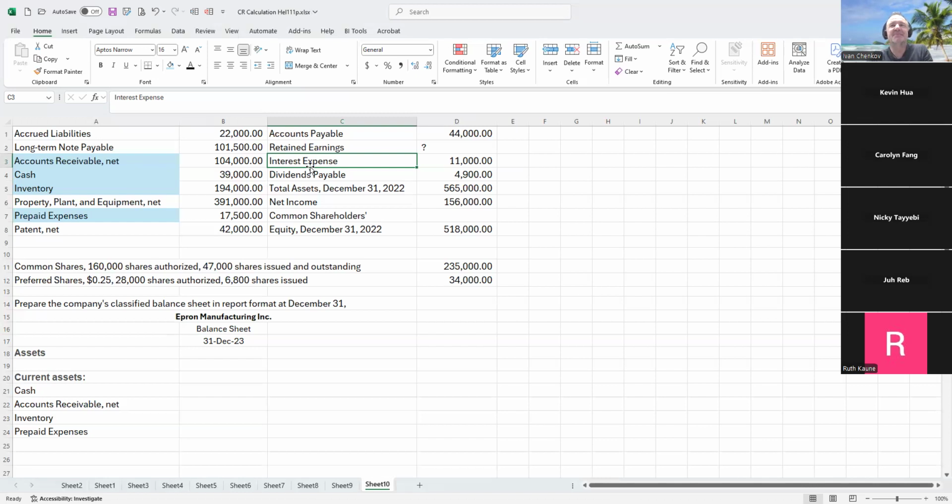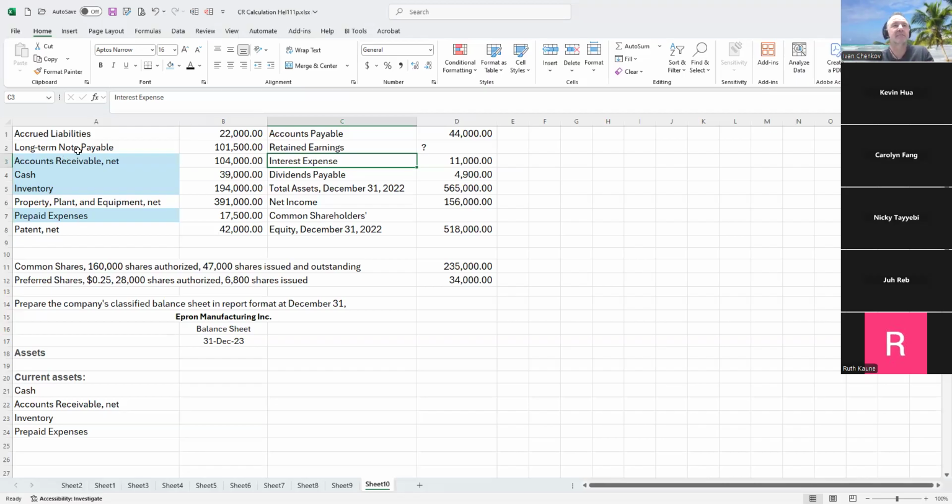There always will be something out of the ordinary, which has nothing to do with what you have to do. But since you're under pressure, on the clock, and with all the emotions about the exam, when you see interest expense, you're not thinking, and you say, "Oh, I should do something about it." Maybe, but we'll see later.